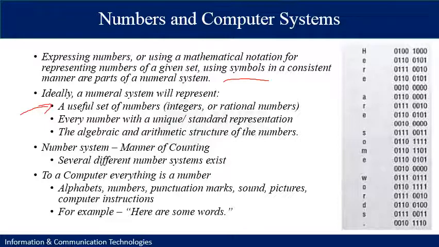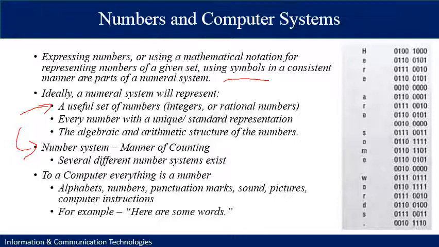And ideally, this numeral system should represent every number with a unique or standard representation. A numeral system will also represent the algebraic and arithmetic structures of the numbers. So in general terms, a number system is a manner of counting.